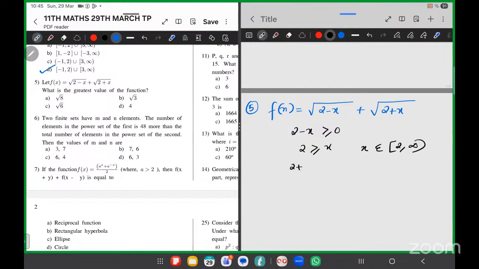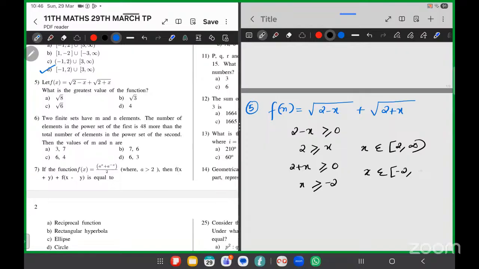When you take 2 plus x greater than or equal to 0, x is greater than or equal to minus 2. So it will become x belongs to minus 2 to plus infinity.